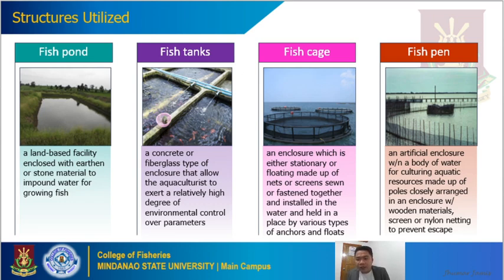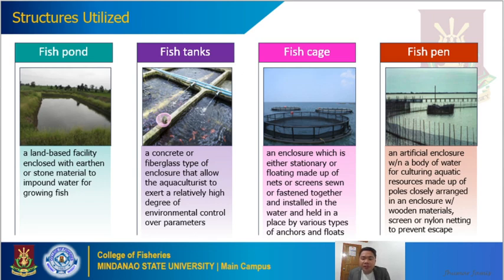And the other one is the fish pen. It is an artificial enclosure within the body of water for culturing aquatic resources made up of poles closely arranged in an enclosure with wooden materials, screen or nylon netting to prevent the escape of fish. So technically, the difference between fish cage and a fish pen is that the fish cage could either be floating or totally submerged.